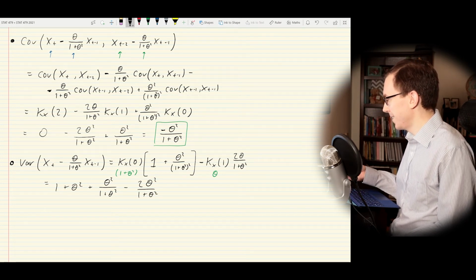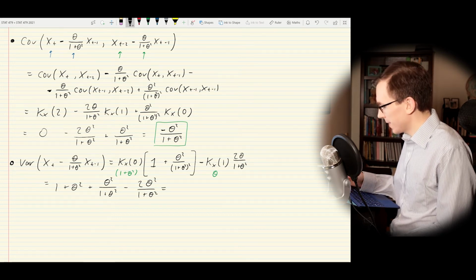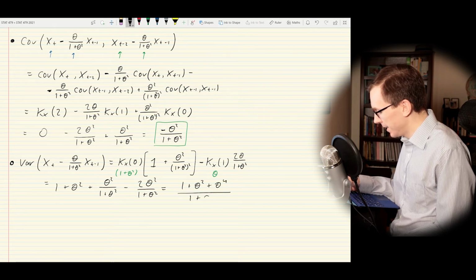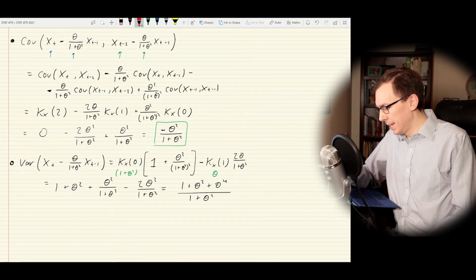All right, and yeah, no, we can simplify this a little bit. I'm just going to skip the step and we're going to simplify it to be 1 plus theta squared plus theta to the 4th divided by 1 plus theta squared, right? Basically what happens is this guy cancels out with that 2.